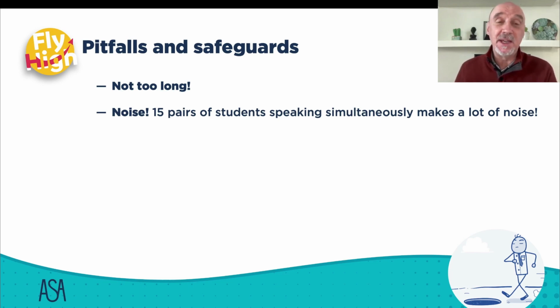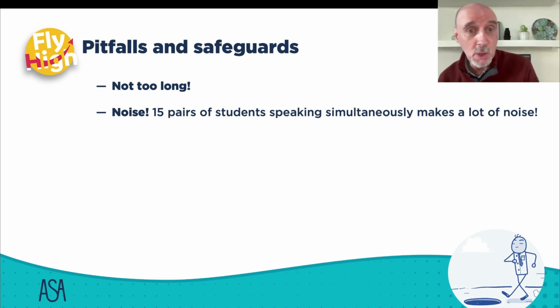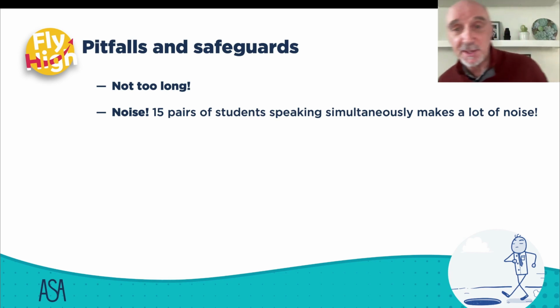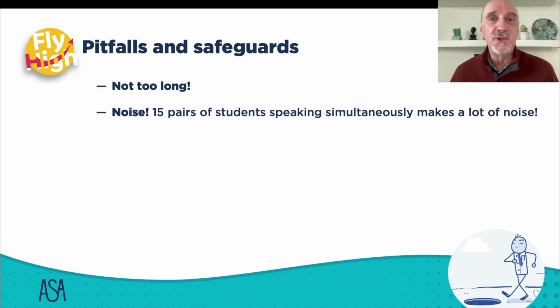Another thing to consider is noise. If you've got a class of 30 students, and of course some of us do, and you put them in pairs and ask them all to do this activity at the same time, it will inevitably create noise. Now, this is not necessarily a bad thing. In fact, it's one of my favorite things to hear in the classroom, the buzz or the clamor of 30 students in conversation at the same time.